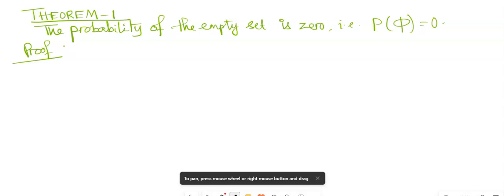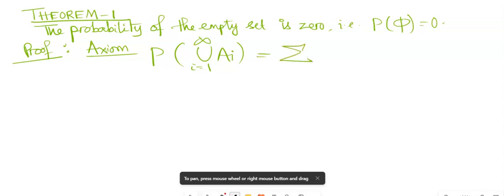We will attempt this proof with the help of axiom 3, which says that the probability of the union of A_i, where i ranges from 1 to infinity, can be written as the summation of P of A_i, again from 1 to infinity.